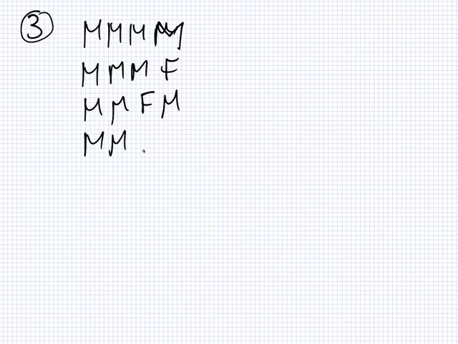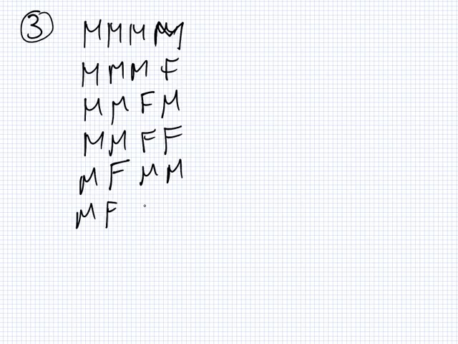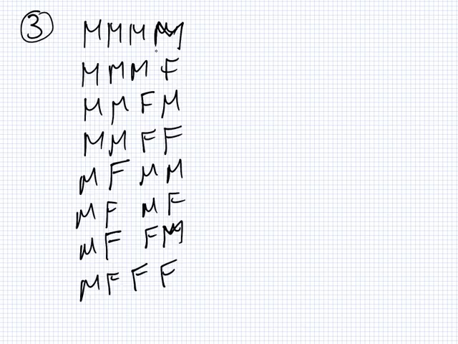Male, male, female, and female. Male, female, male, and male. Male, female, male, female, male, female, female, male, male, female, female, female, and then I have to do this all again, but only female in the front.